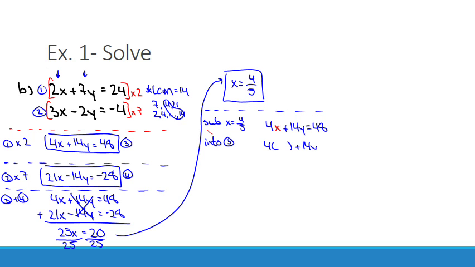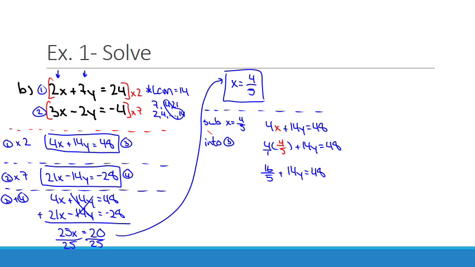Let's leave room. Let's write this all out. My x value is 4 over 5, so really I should have written my 4 as 4 over 1, so I'll change that right there. So now I get 16 over 5 plus 14y equals 48.